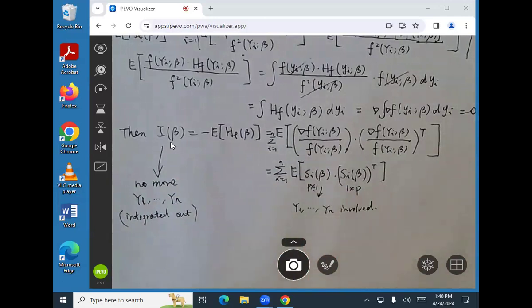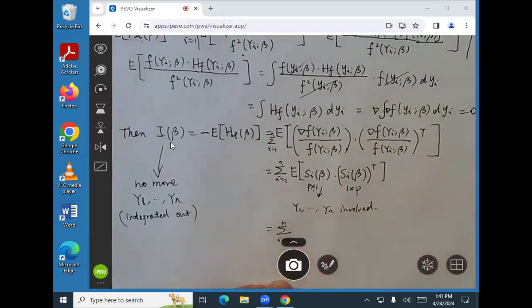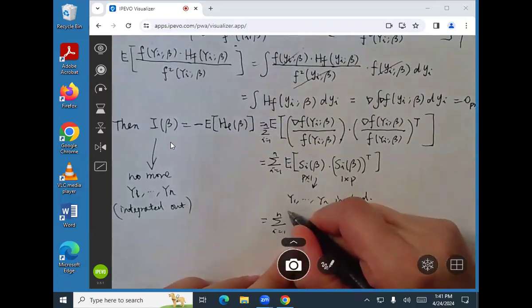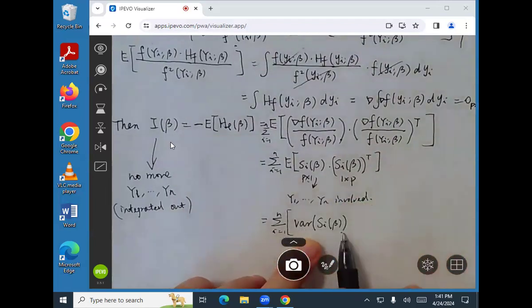Okay. And furthermore, I will go one more step. Remember, we talked about that variance formula. We said the variance of a random variable is equal to the expectation of the variable squared minus the square of the expectation of the random variable, right? That formula we will use again here. So this term inside the summation can be written as the variance covariance matrix of Si(beta).